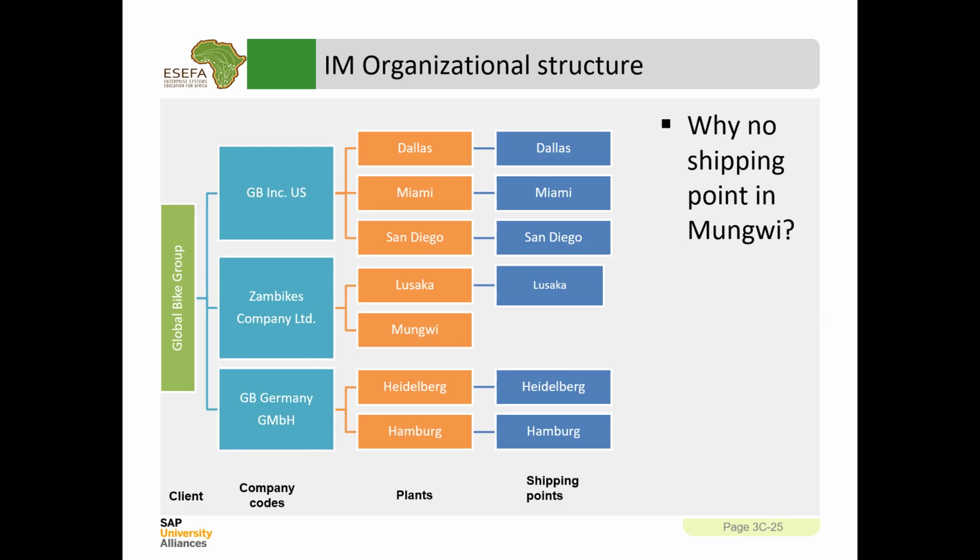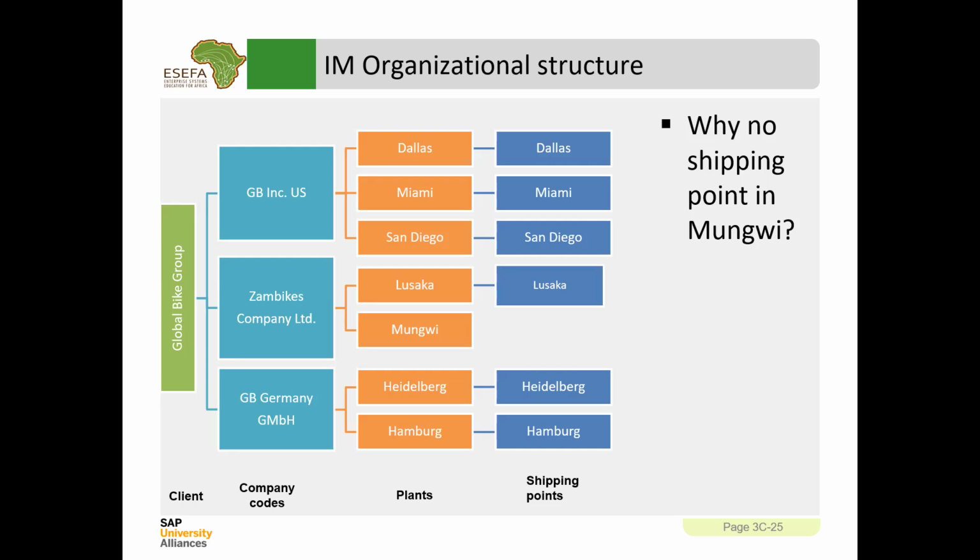Mungwi doesn't have a shipping point, but Lusaka has a shipping point. Why don't we have a shipping point in Mungwi? A shipping point is a place that relates with the customer. The customer goes there to buy a physical product, or whenever there is an order, that is the place where the order is being fulfilled.